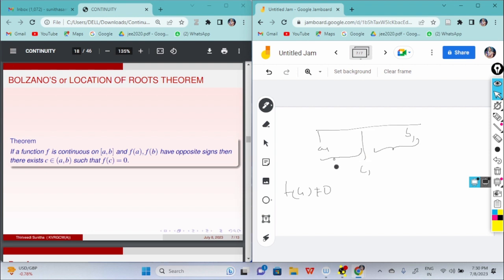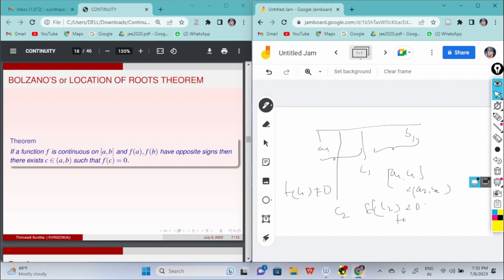If I take these intervals, again I take the midpoint of this. Let me take this [a1, c1] interval as [a2, b2], whatever it may be. If this side or this side, whatever it may be, I took [a2, b2]. The midpoint is c2. Again I will check if f(c2) is equal to 0, then the theorem is proved.